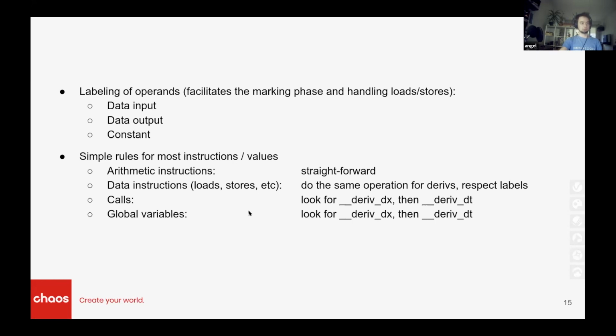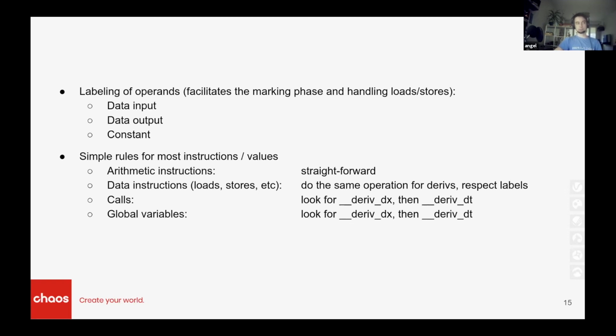So for arithmetic instructions, the transformation is straightforward. For data instructions, we generally need to copy the instruction as I described earlier and do the same thing for the derivative that we're doing for the actual operands.